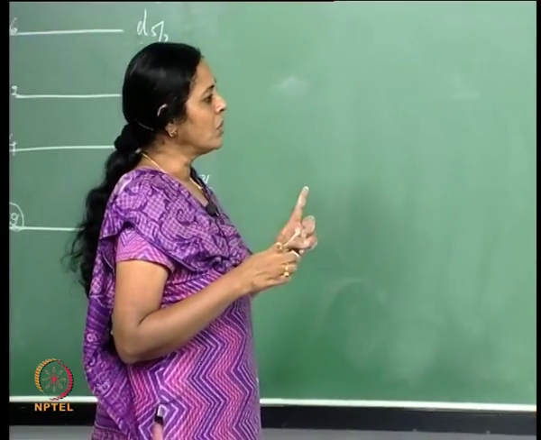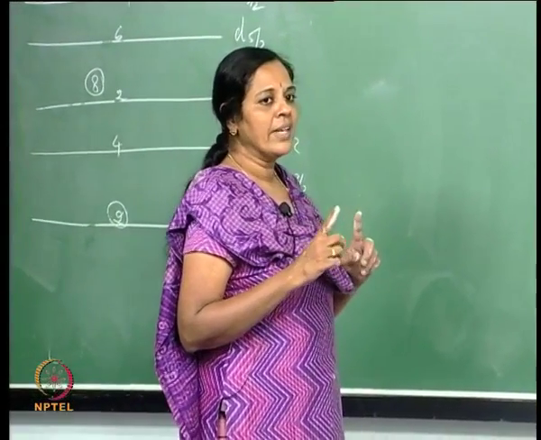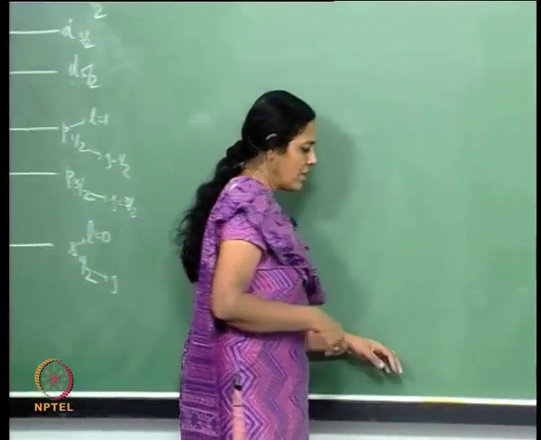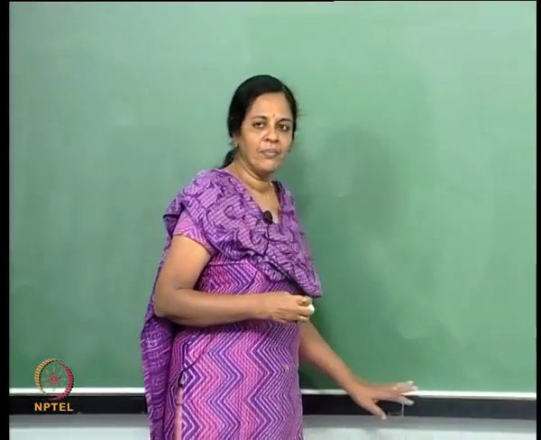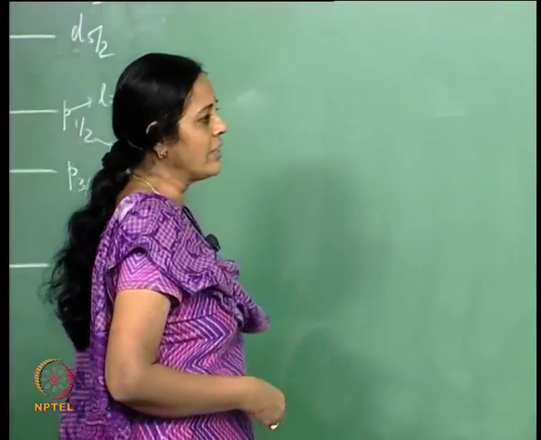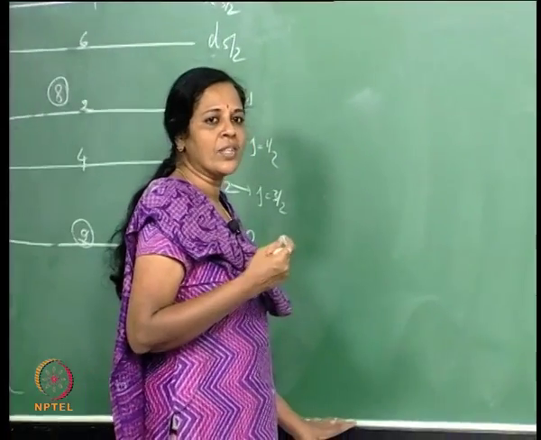So, in order to explain how exactly n and L are related, let us go back to a simple problem, the hydrogen atom problem, and while we solve the radial equation there, you will see how exactly n and L are related.